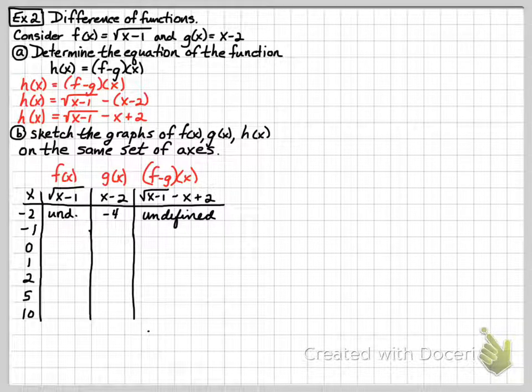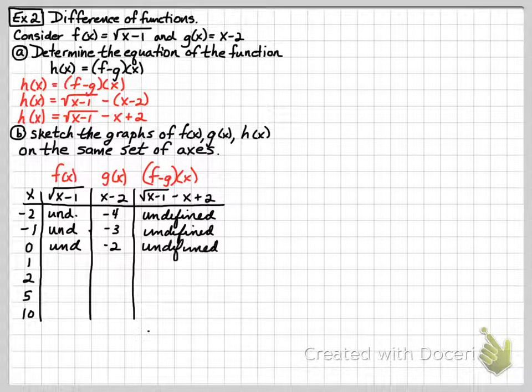That, of course, is undefined, which makes our combined function undefined. Negative 1 minus 1 is root negative 2. And 0 minus 1 is the root of negative 1. The first time our function root of x minus 1 is defined is when x equals 1, because then I have the square root of 0, which is 0.